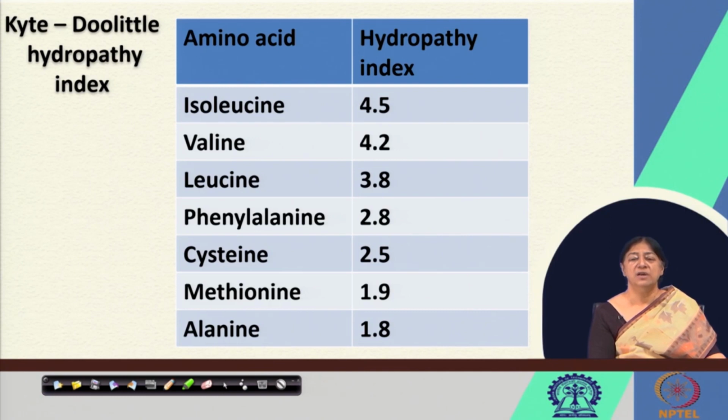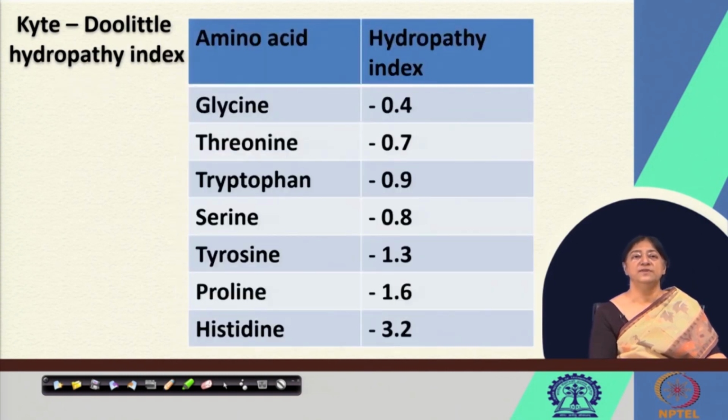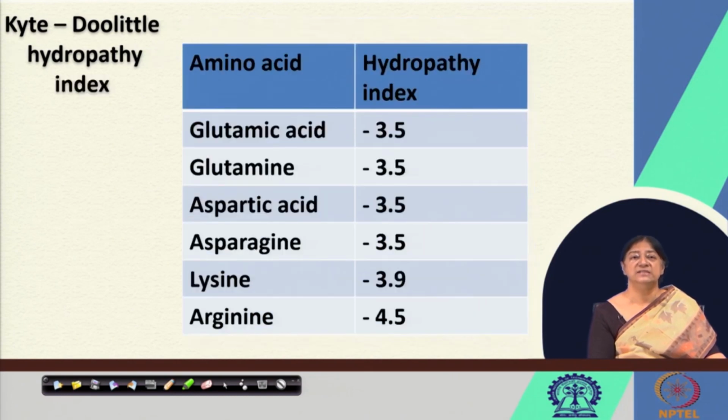Their side chain contains only carbon and hydrogen with no heteroatom, that is no nitrogen, no oxygen and no sulfur. As we go on to the other types, we will see the values gradually decreasing, meaning their hydrophobicity decreases, and as is expected, the acidic and the basic amino acids have high negative values.